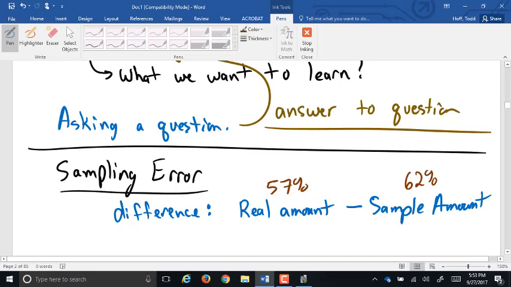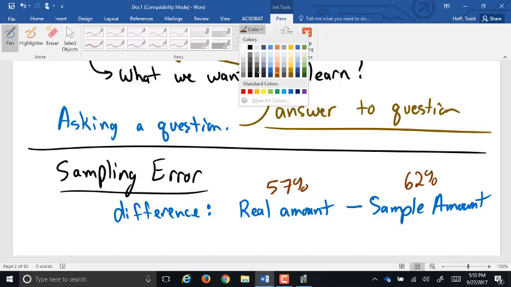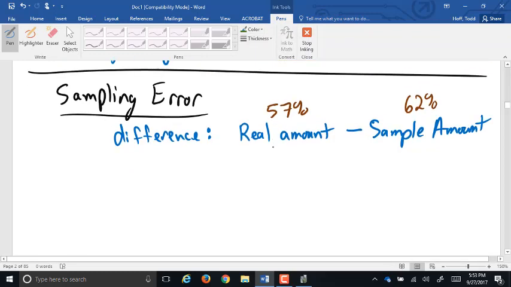Our sample was off by that amount. I don't want to say 5% because that's kind of a confusing way of stating it. But our sample was not exactly the same as what our whole population would be. That's sampling error. How do we minimize sampling error? Which is the goal of a lot of the things we do in statistics.